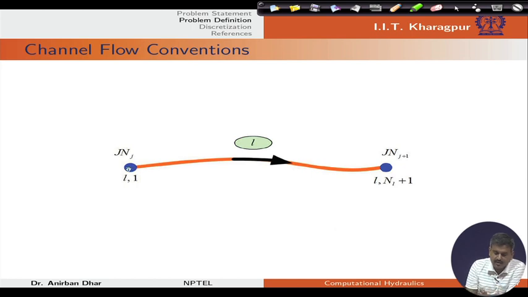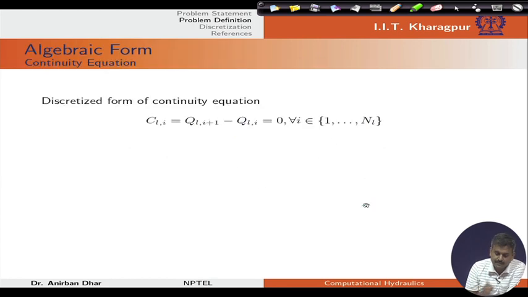If we consider this as the positive flow direction, obviously we are extracting water from junction node J and adding water to junction node J plus 1. So, this is the sign convention.